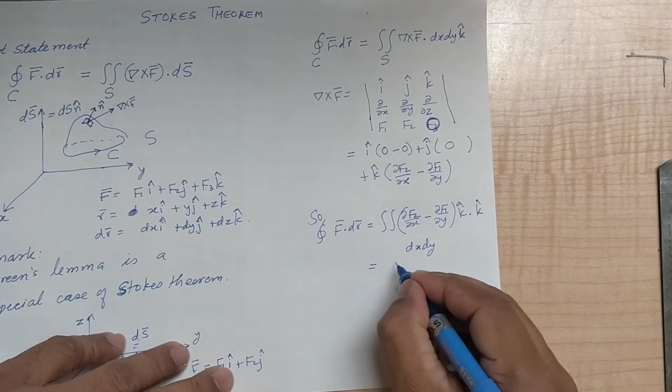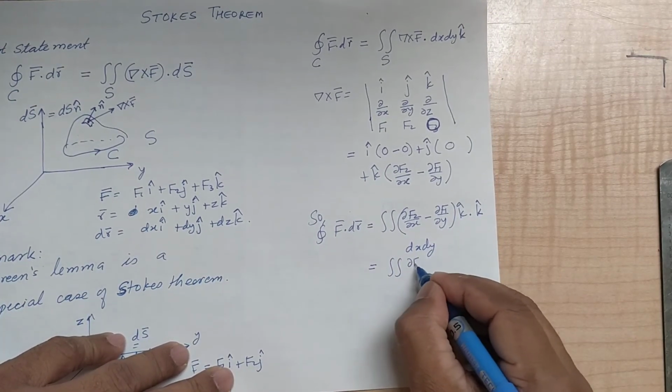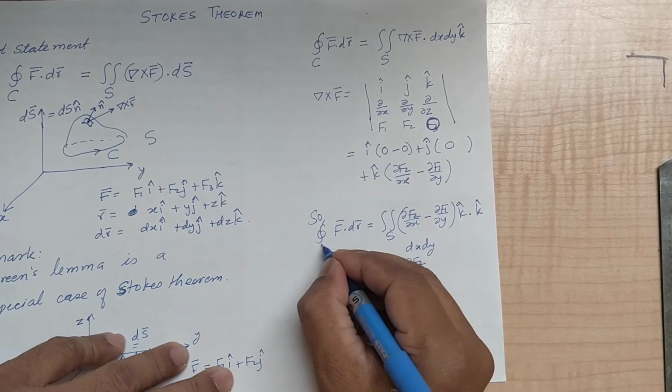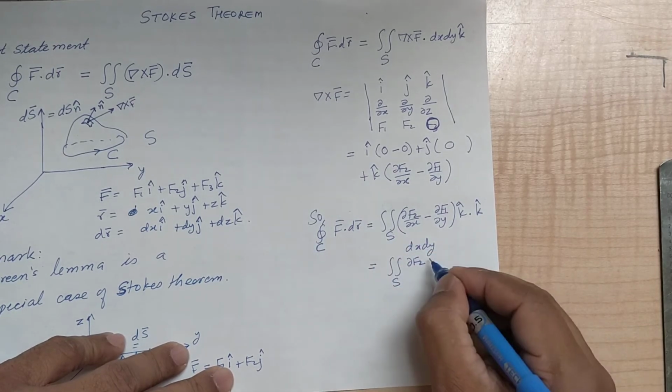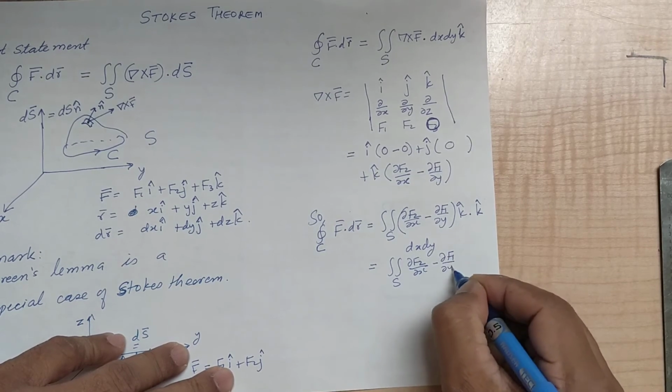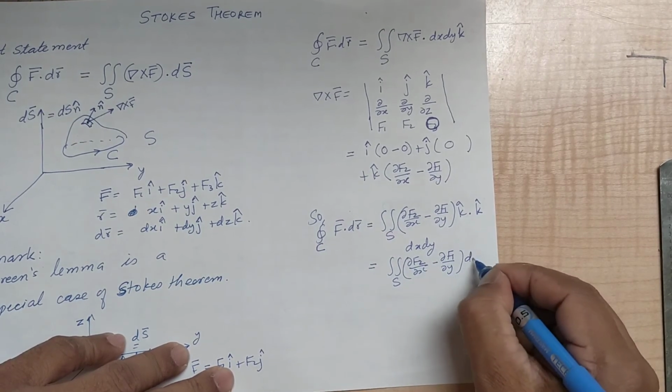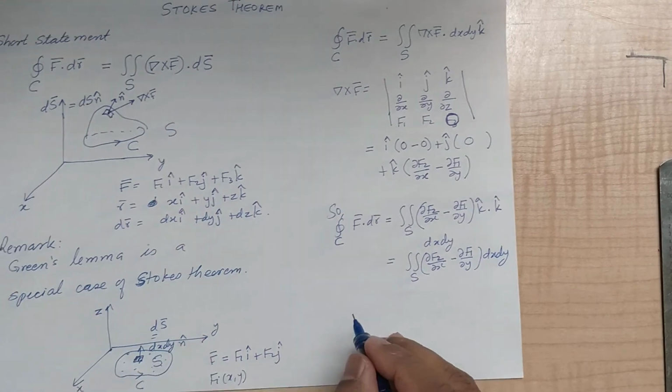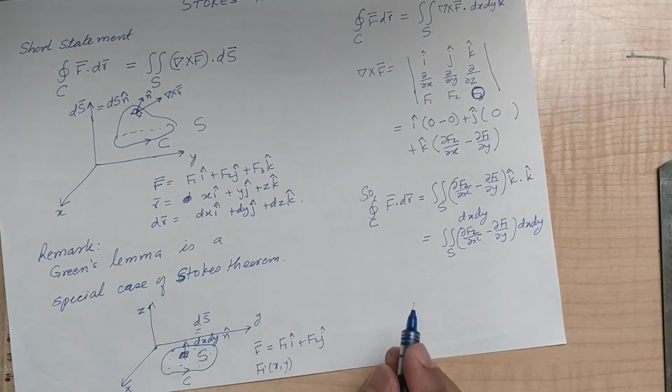Okay, so this is the integral over C of F bar dot dr bar equals the integral over S of the partial of F2 with respect to x minus the partial of F1 with respect to y dx dy, which is precisely the statement of Green's lemma.